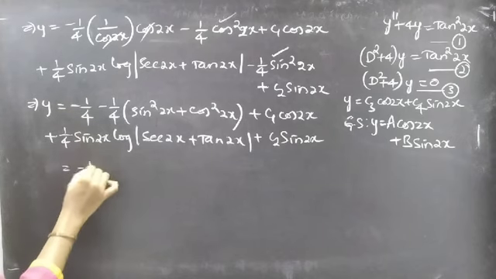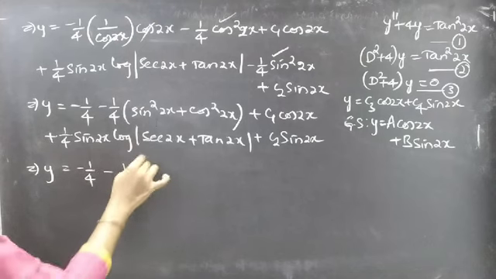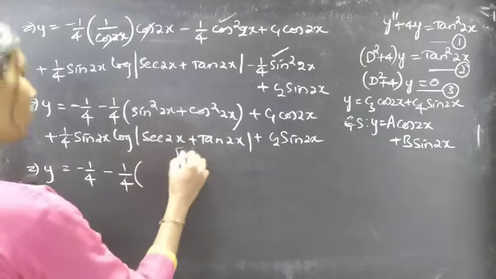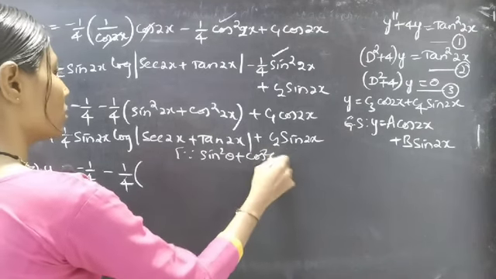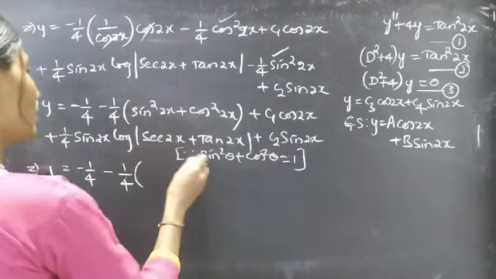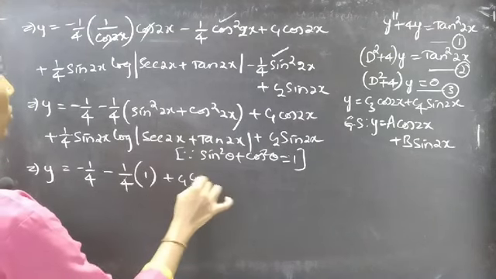Here sin square theta plus cos square theta equals 1, so sin square 2x plus cos square 2x equals 1.